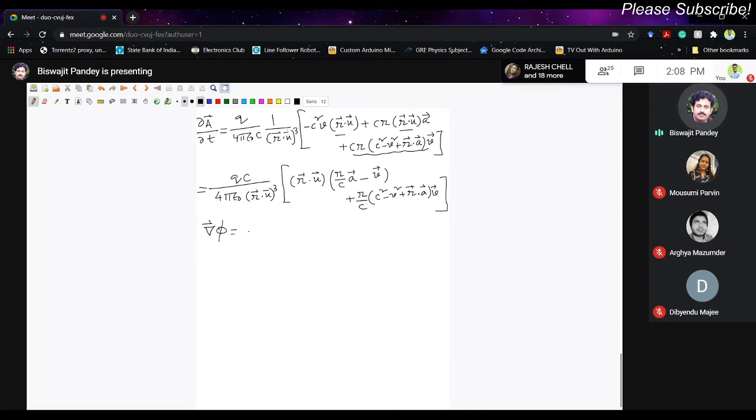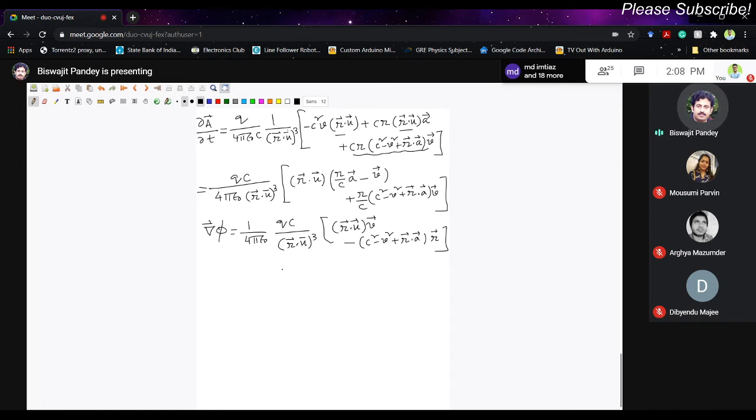Grad of phi was 1 by 4 pi epsilon 0 qc over rc minus r dot v whole cube, or maybe I can write r dot u whole cube, and then inside this we had r dot u, or rc minus r dot v, whatever you prefer to write, times v minus c square minus v square plus r dot a into curly r, right?